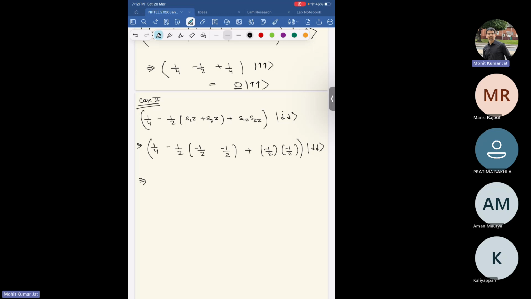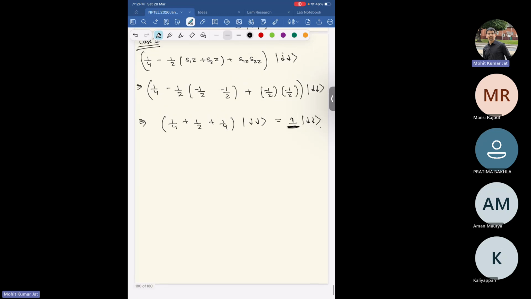So this is essentially 1/4 plus 1/2 plus 1/4 acting on spin down down. That will give you 1 times spin down down. So this will give a value of 1.